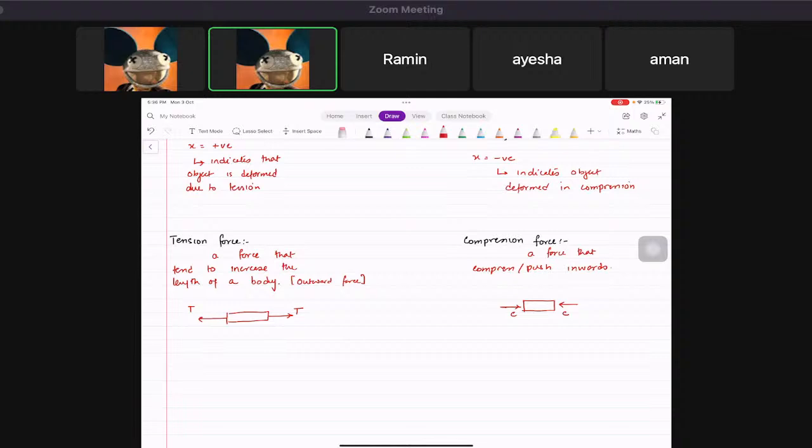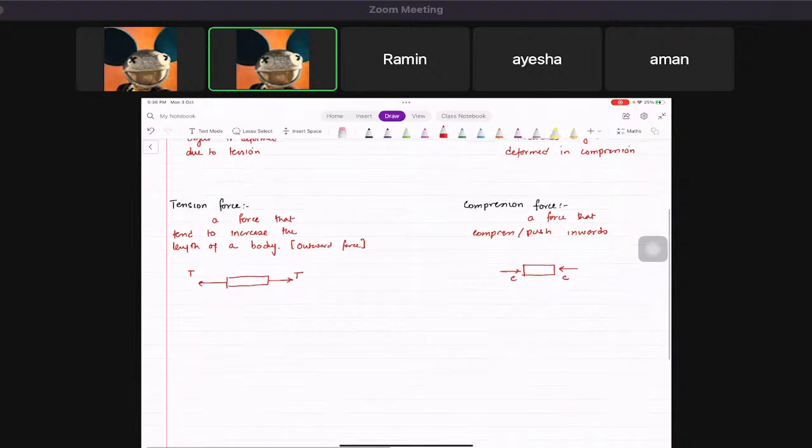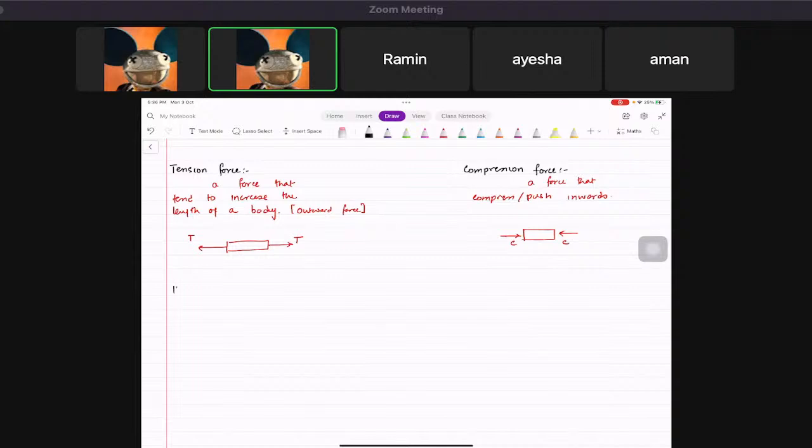Okay, now all of this that we're doing is related to a law which is called Hooke's law. And Hooke's law has a definition, it will always be asked to you. So it states that the force is directly proportional to extension, which is also sometimes regarded as change of length.